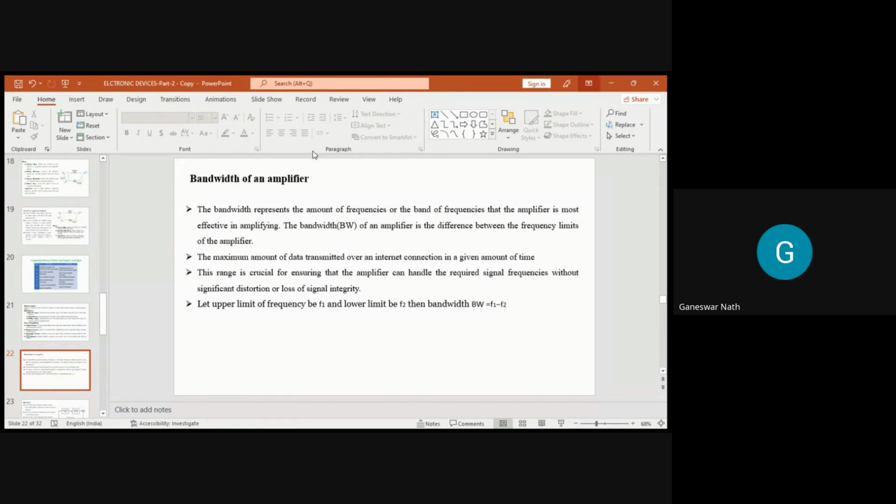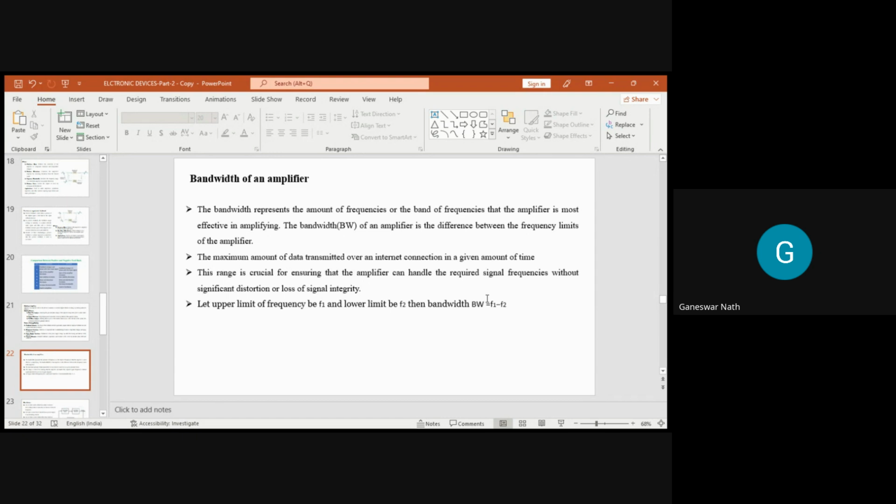This range is crucial for ensuring that the amplifier can handle the required signal frequency without significant distortion or loss of signal integrity.